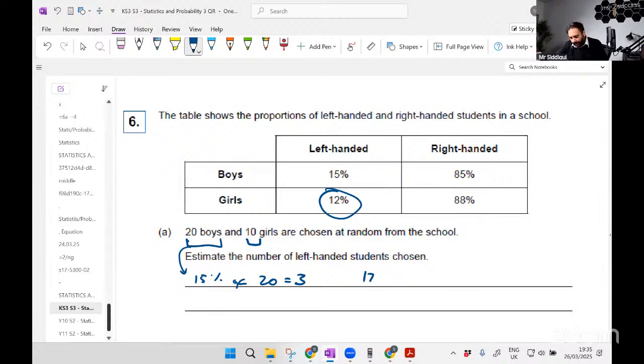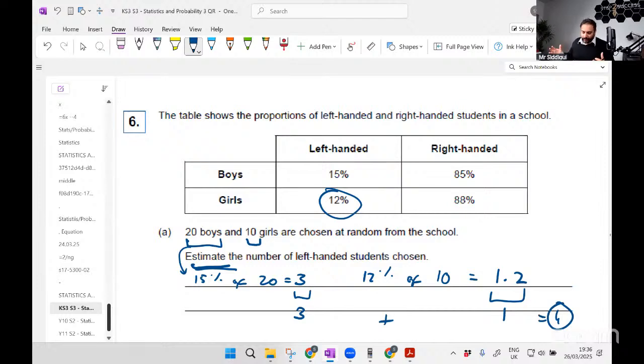So you do 12% of the 10 girls that you're choosing. 12% of 10 is 1.2. Now, obviously, you can't have 1.2 girls, but because it's just an estimate, I would just call that 1. So 3 add 1 means that an estimate is that out of your 30 people, 4 of them will be left-handed. That's it.